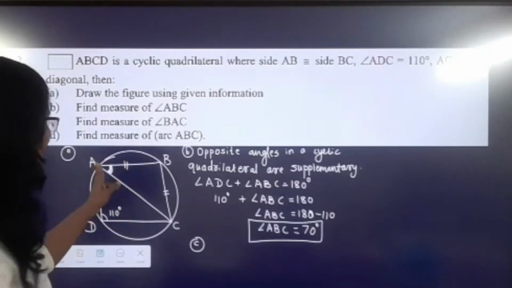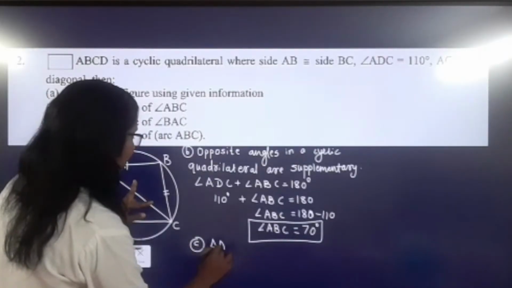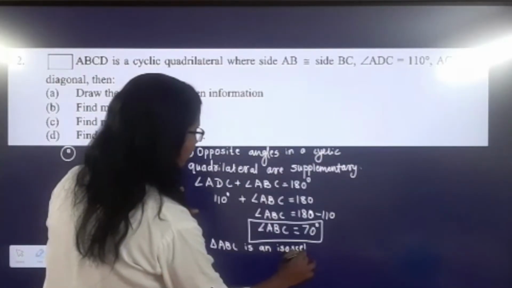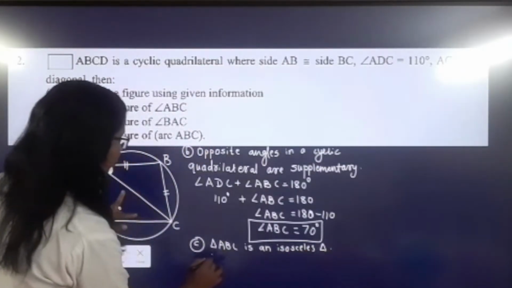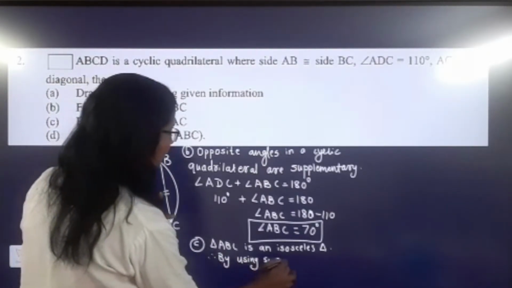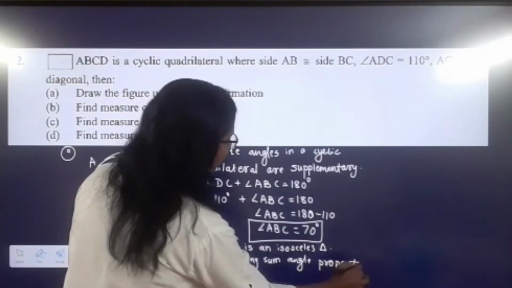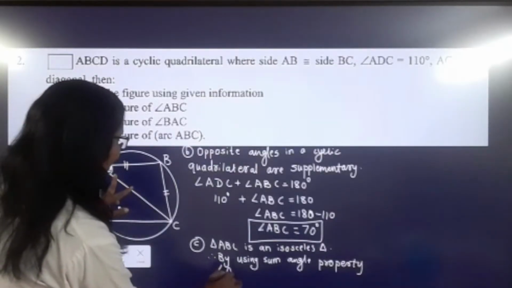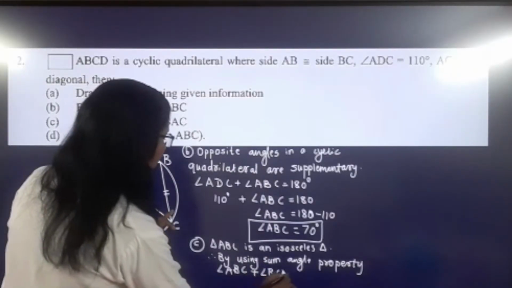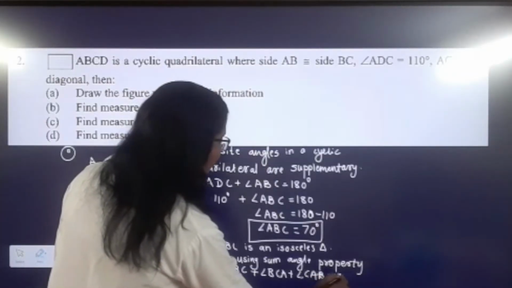So now here, students, ABC is an isosceles triangle, okay, triangle ABC is an isosceles triangle, therefore by using the angle sum property, okay, we have, students, angle ABC plus angle BCA plus angle CAB is equal to 180 degrees.